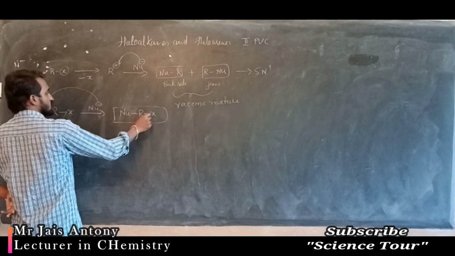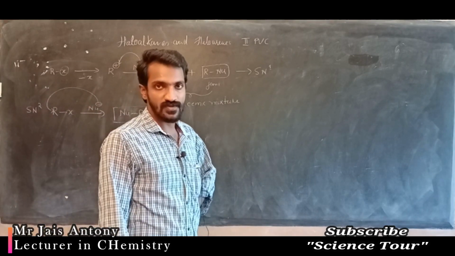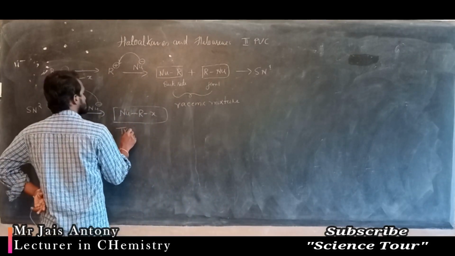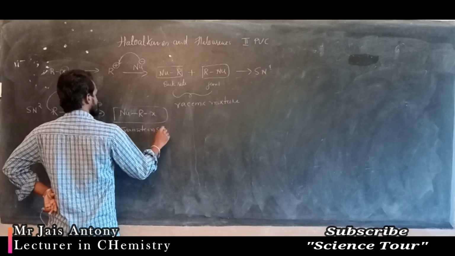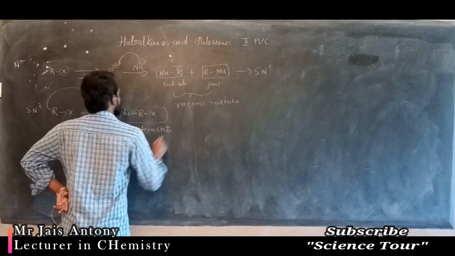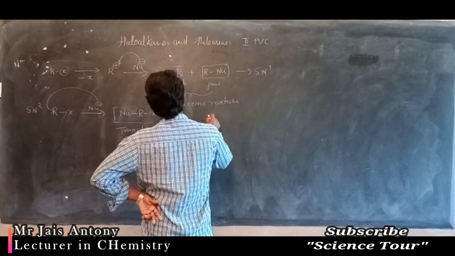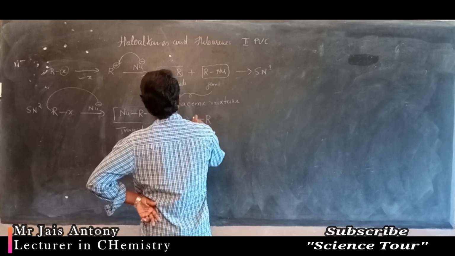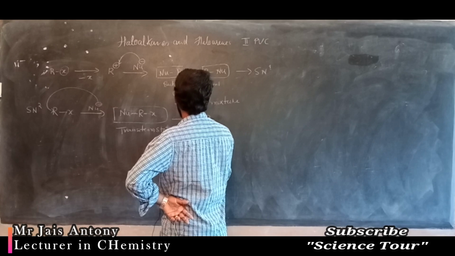The leaving group, the halogen X, tries to leave, and at the same time the nucleophile bonds. That is called a transition state. After that transition state, it gives the back attacked product.